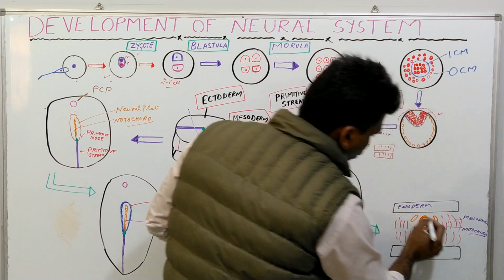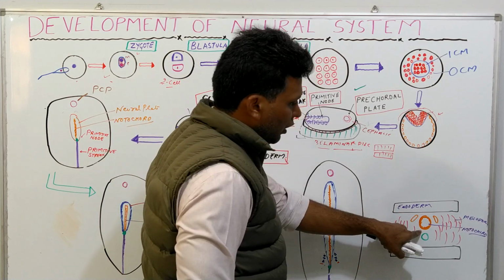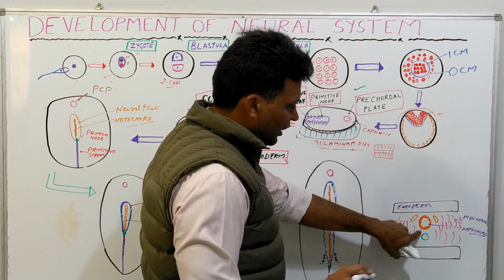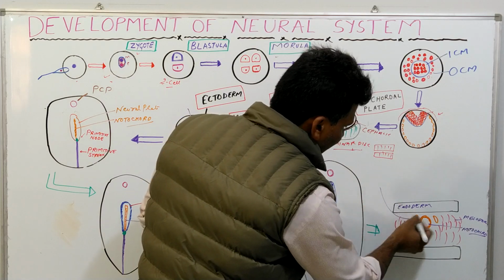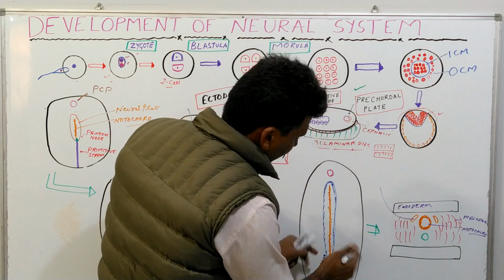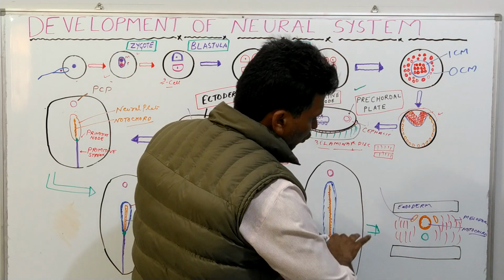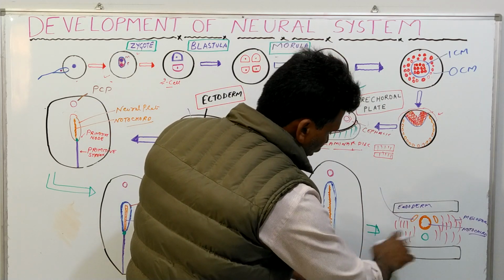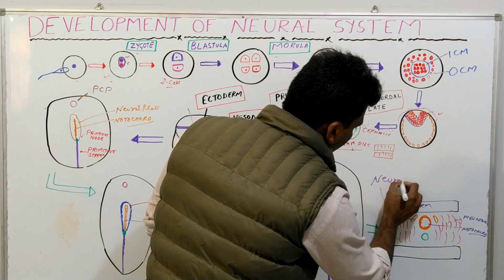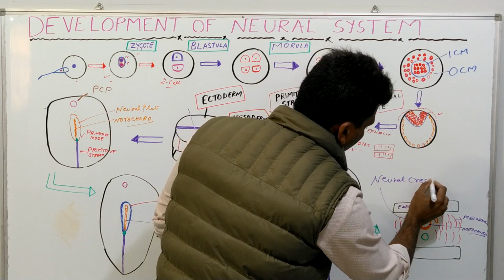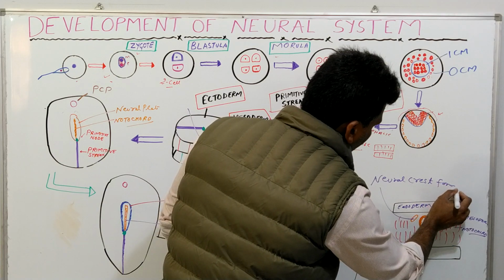See, this notochord will in future make the brain and spinal cord, and these are the neural crest cells which are detached. Some cells are detached. They go to the lateral side from the notochord, and this is called neural crest cell, which will form other parts of the brain and spinal cord.